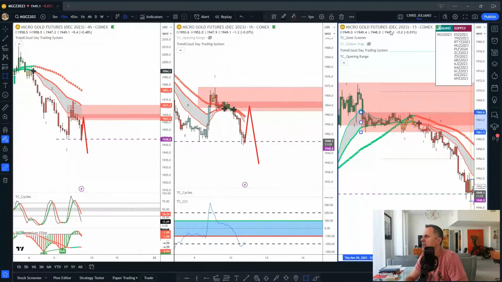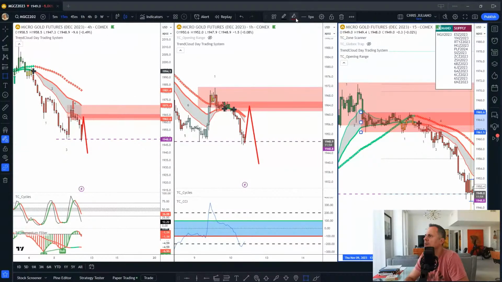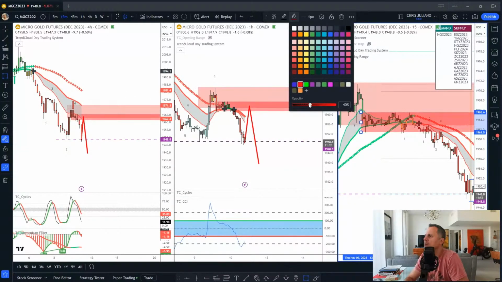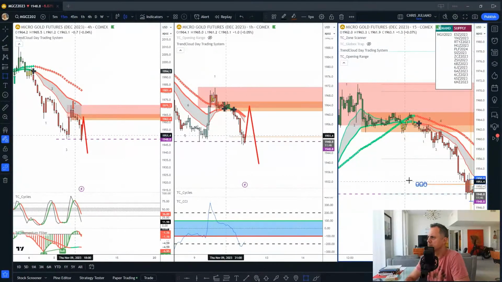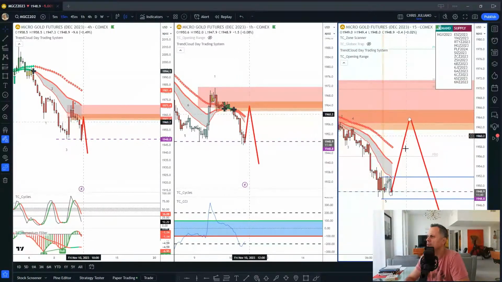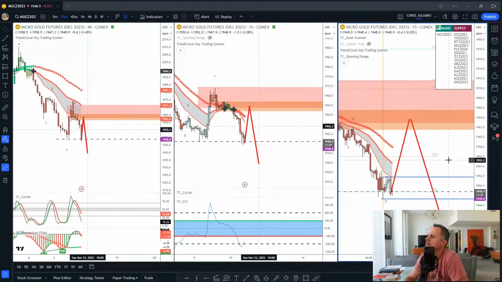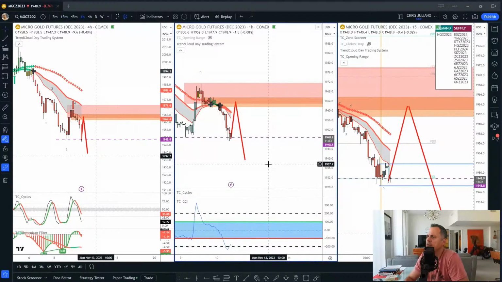Look at that right there. Let's make that darker. There we go. Very possible it wants to do something like that to recalculate and continue the move down.